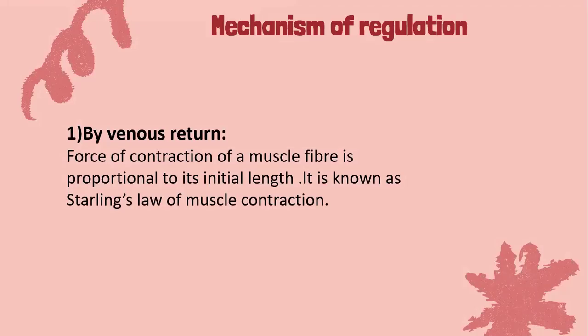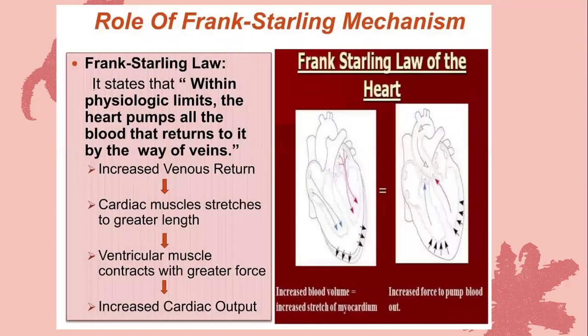By venous return. The force of contraction of a muscle fiber is proportional to its initial length. This principle is known as Starling law of muscle contraction. The Frank Starling law states that within physiological limits, the heart pumps all the blood that returns by veins.